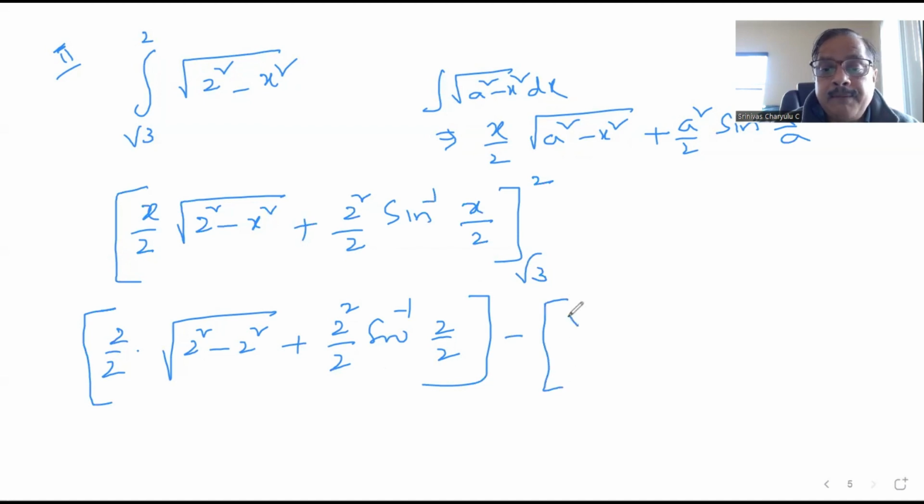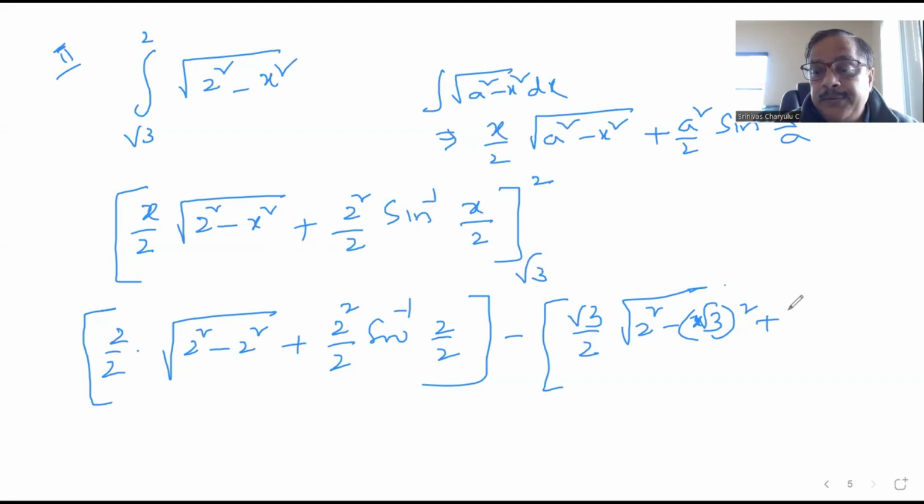Lower limit: root 3 by 2 root of 2 square minus root 3 whole square plus a square by 2, a square means 2 square only, 2 square by 2 sine inverse root 3 by 2.